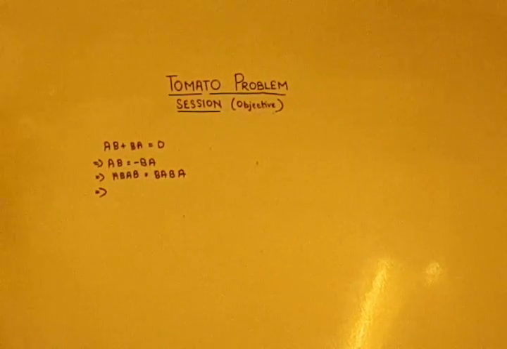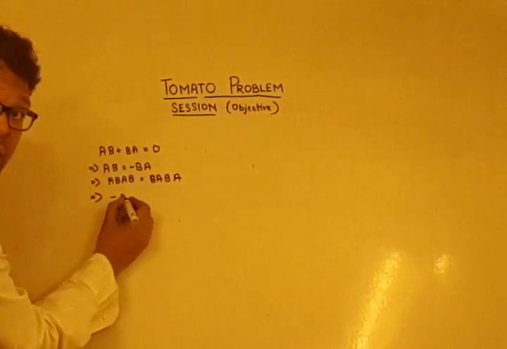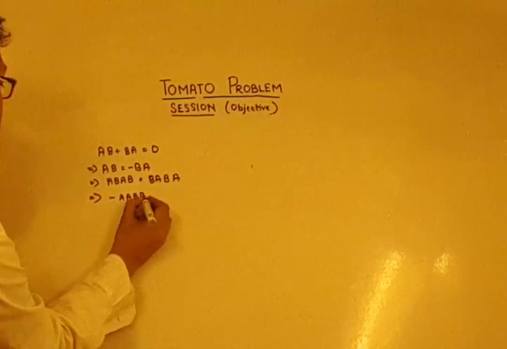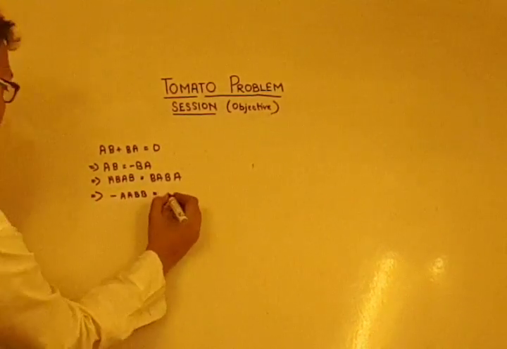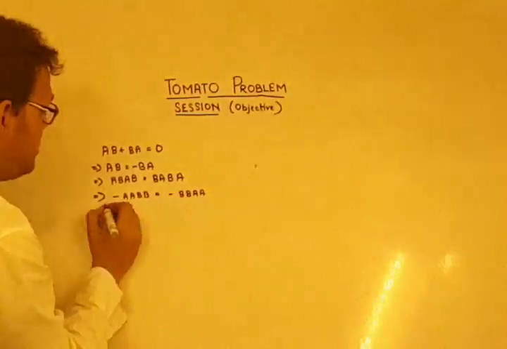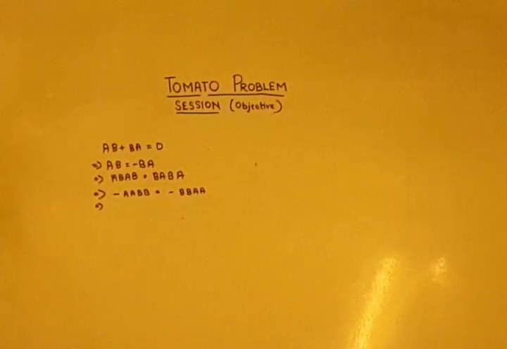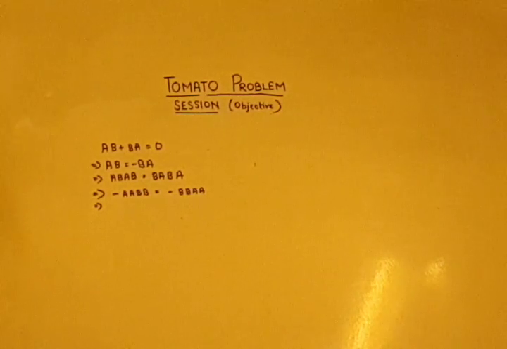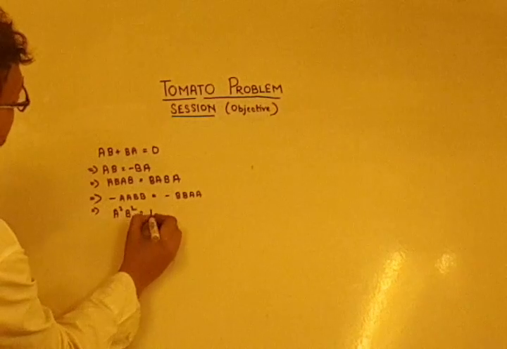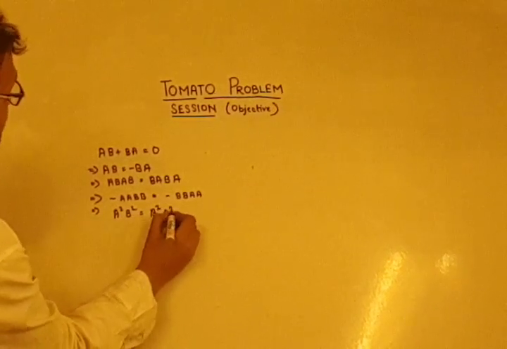It can be written as minus AA BB, which equals minus BB AA, which can be further rewritten as A squared B squared equals B squared A squared.